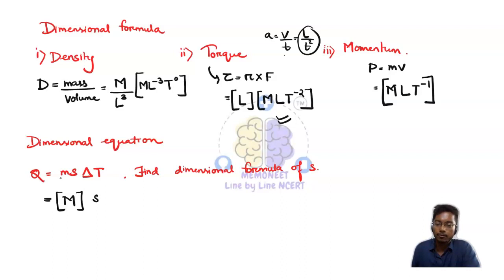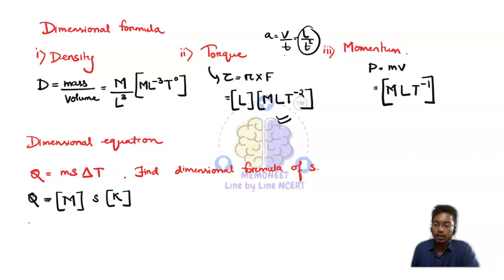And for delta T we have temperature, with dimensional formula Kelvin. Q is the energy here, so we can write force into displacement as the energy.